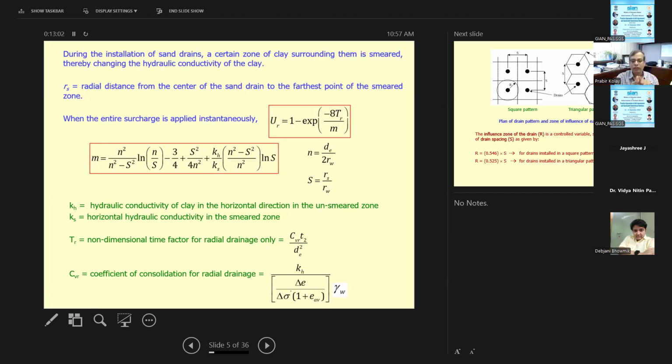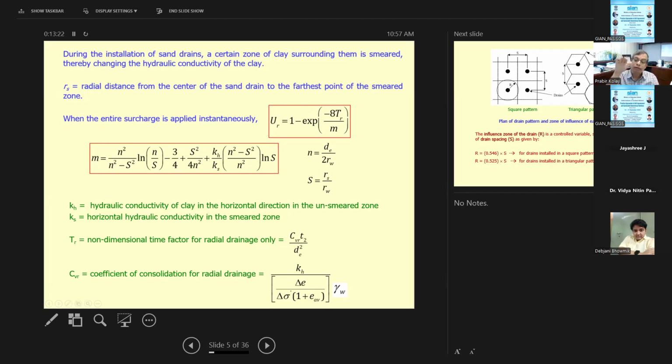And so T was the same thing earlier, and over here TR is equal to CVR times t divided by DE squared, where DE is the equivalent diameter. Okay, sorry, equivalent diameter. So here, the only thing is the CV.